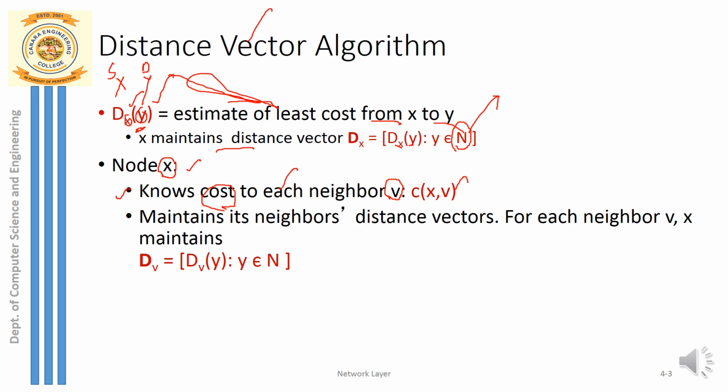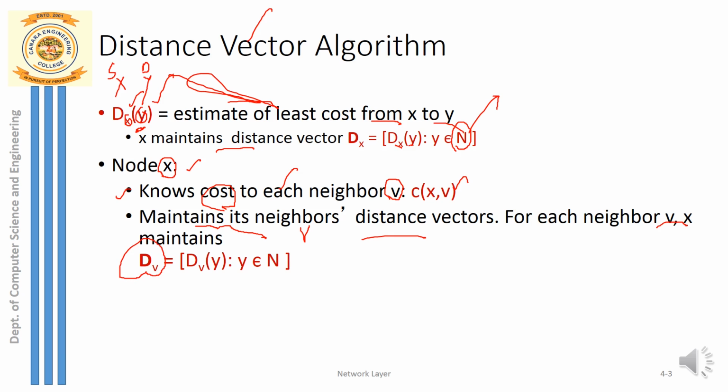And the second information that the node X or the source node X has to maintain is its neighbor's distance vector. So here if V is the neighboring node of the source node X, then for each such neighbor, we need to calculate something called the distance vector.